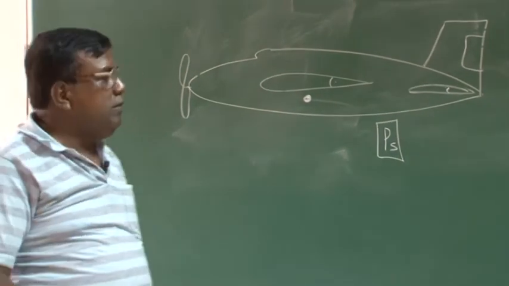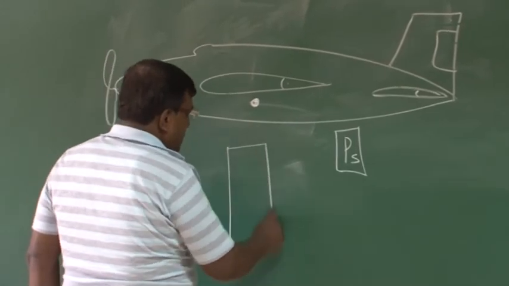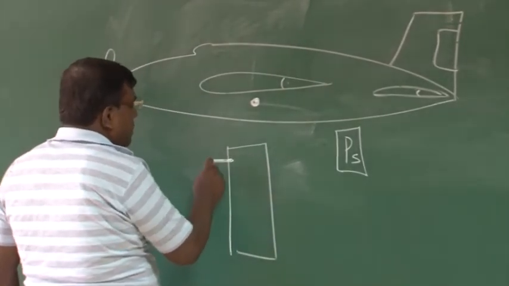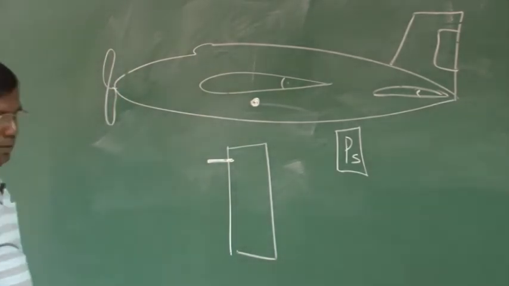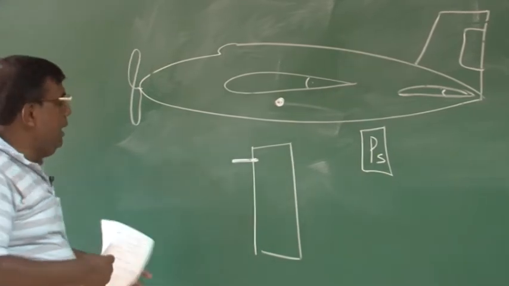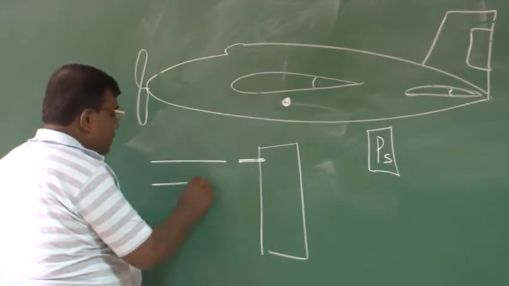Okay. You will also find there is a method to install a Pitot tube at the wing tip, and this wing tip is like, say I am exaggerating this tube.